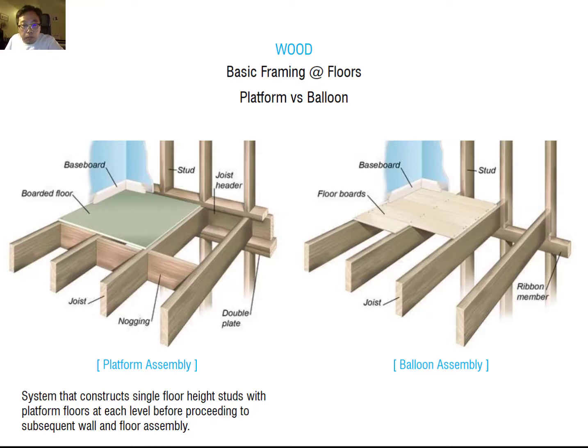But what is the benefit of the balloon assembly? You see the platform assembly, every floor has this end joist. However, the balloon assembly doesn't have any end joist here. It means it is possible to make a taller and higher ceiling, because when you design the platform assembly, you can only design the opening from here to here, like here to here.